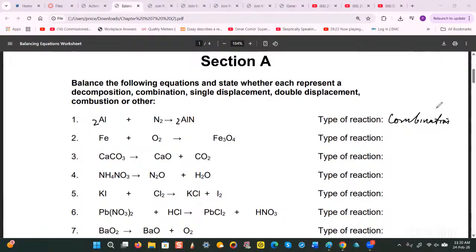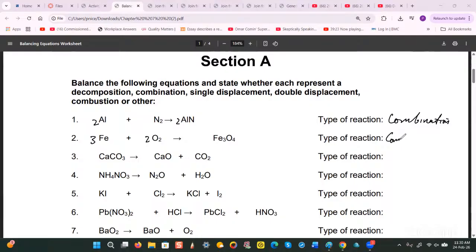What about the next one? Well, let's balance it first again. 3 and 2 here, right? No, wait a minute, not from the O2. My bad. Okay, and what type of reaction would this be?